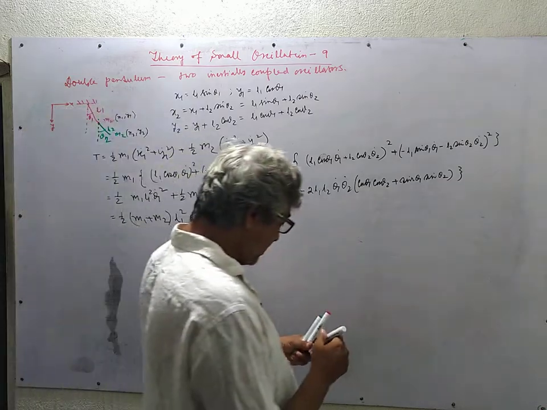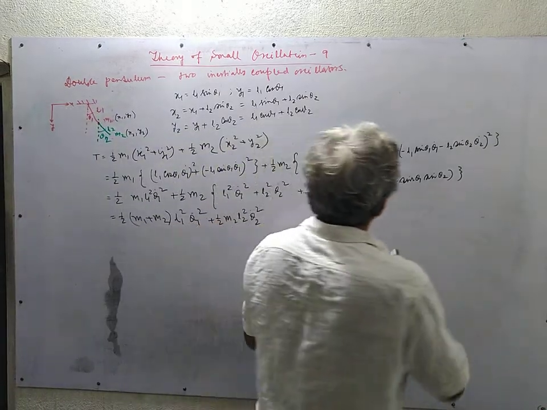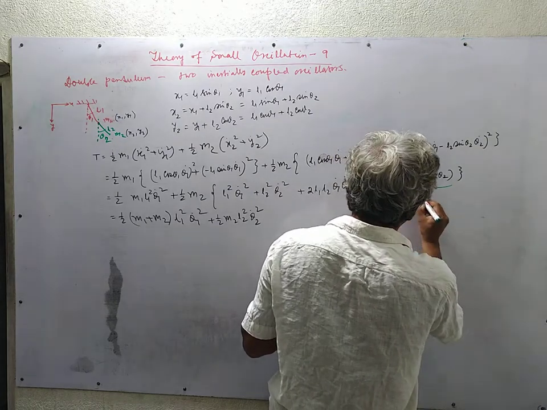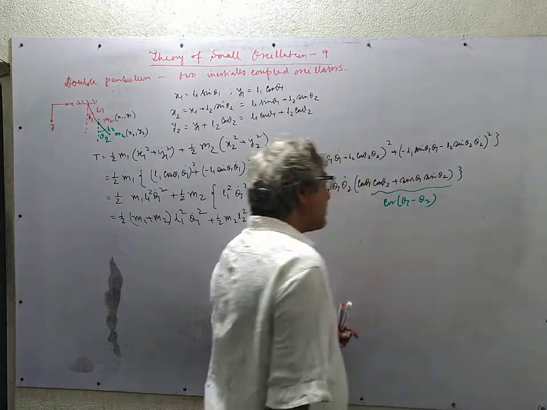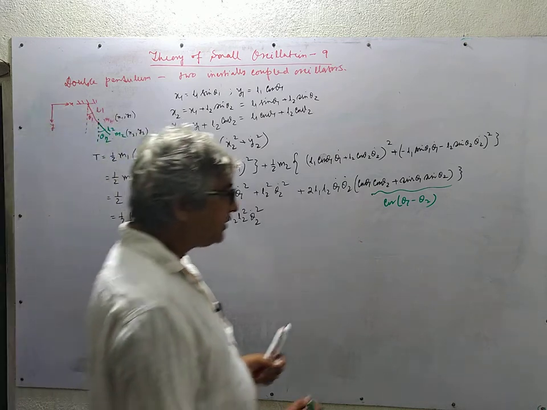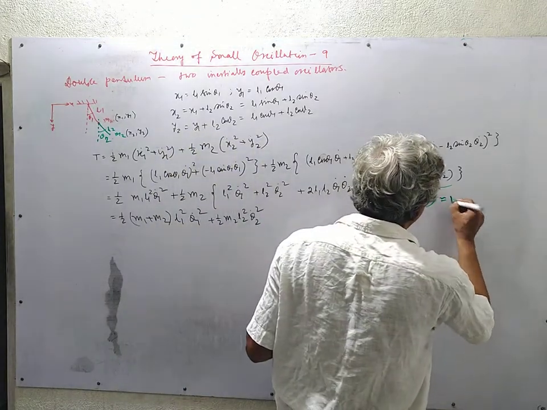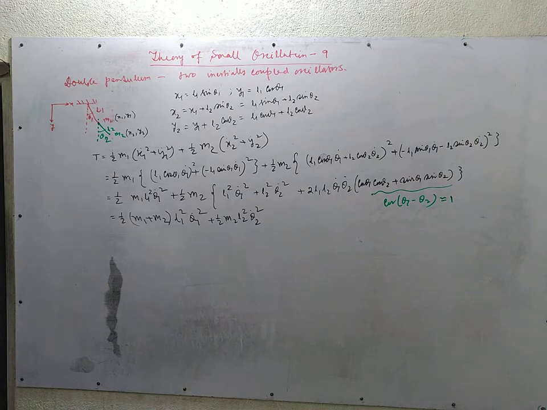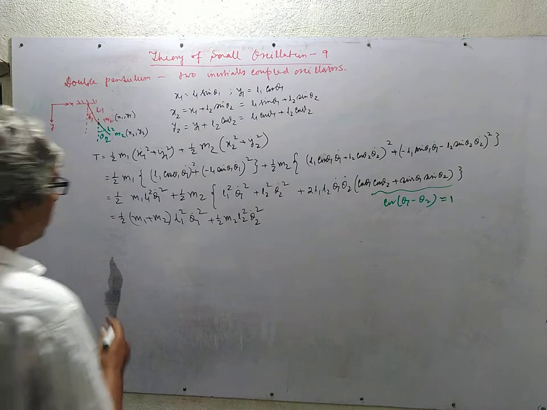This term is basically cos of (θ1 minus θ2). Here we assume that these angles are nearly equal. This is an approximation, so that this part may be approximated to be 1. Otherwise, if we retain this term, the calculation becomes extremely complicated.